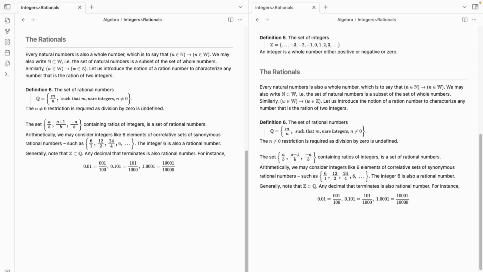All right, so let's talk about decimal transformations a little bit more, and give the general rule for converting terminating decimals to a fraction.